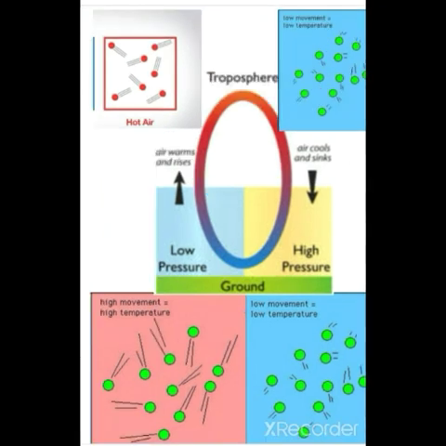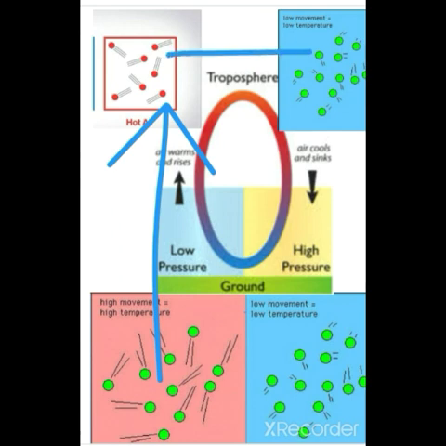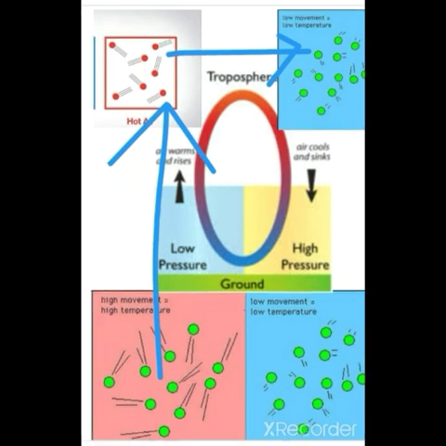As these molecules rise up in the space, due to less heat, they lose energy and move more slowly. As a result, air contracts and its density increases, and air pressure also increases compared to the surrounding air.